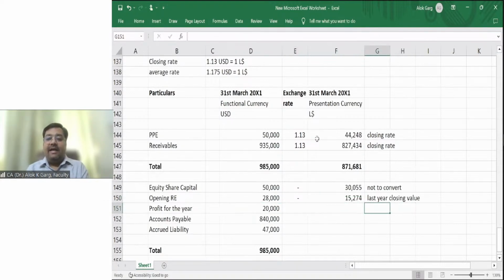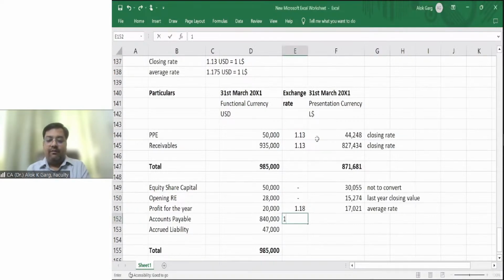Profit for the year, average rate. What is my average rate? 1.175. So convert this 20,000 divided by 1.175. It will give you 17,021. Average rate. Accounts payable and accrued liability, again closing rate.